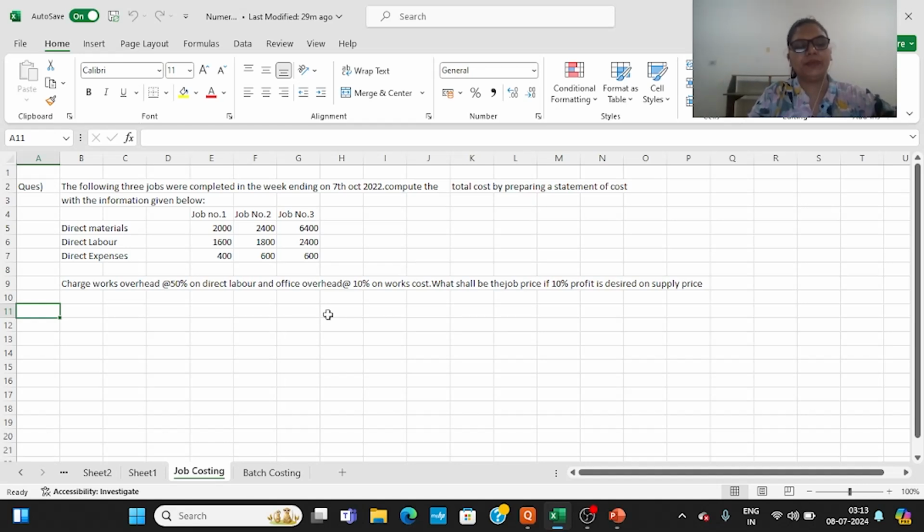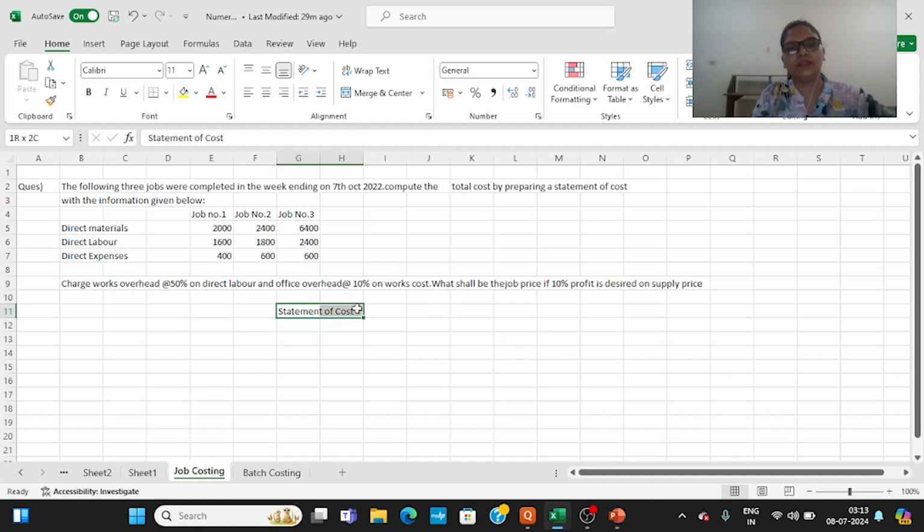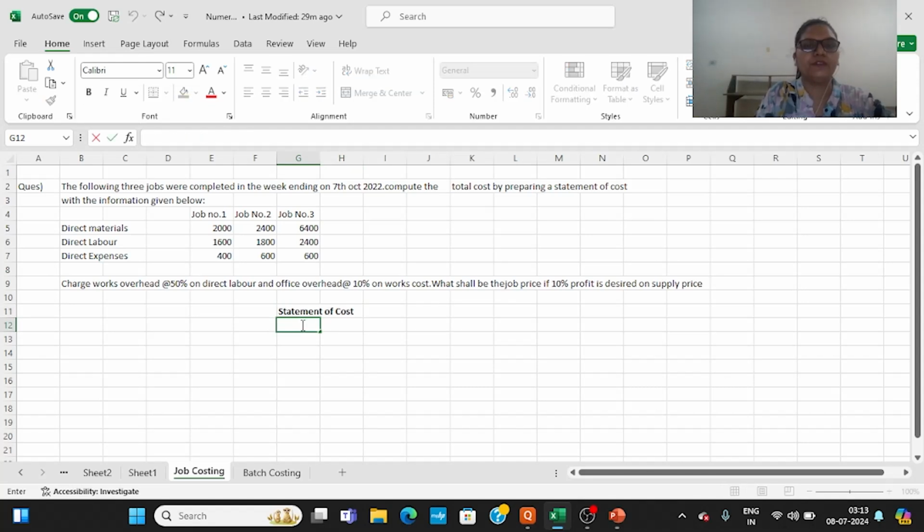First of all, we need to prepare a statement of cost. Write statement of cost in bold so that it has more clarity, and write for the week ending 7/10/2022.